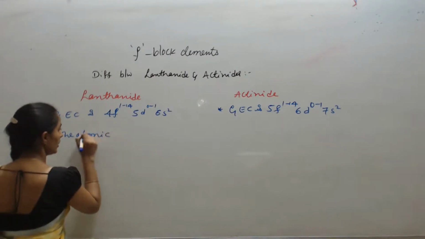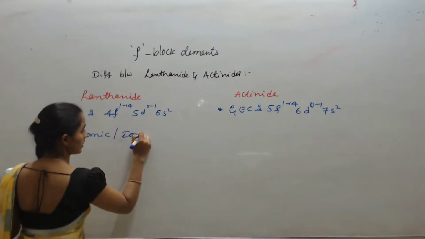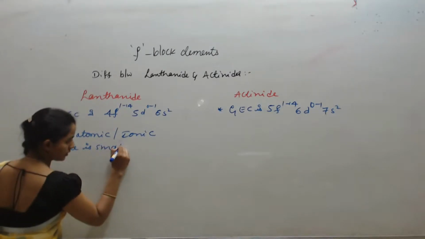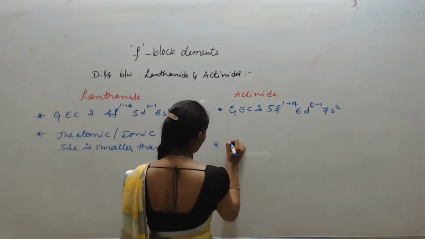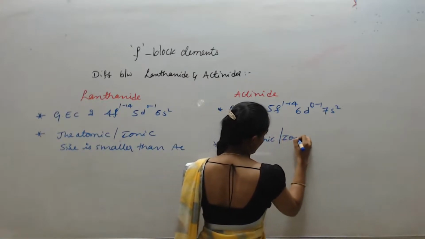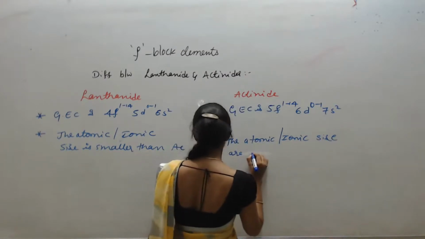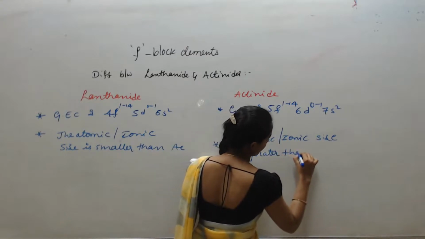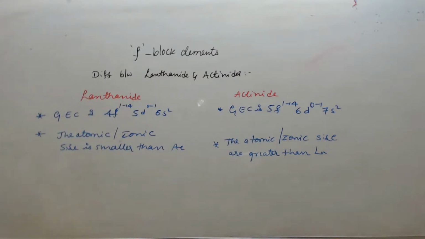The atomic and ionic size of lanthanides is smaller than actinides. Here, the atomic and ionic size of actinides are greater than lanthanides. This is the second difference.